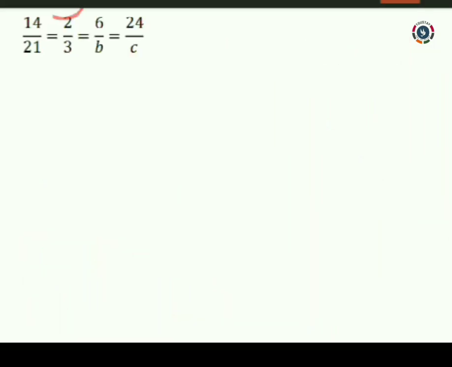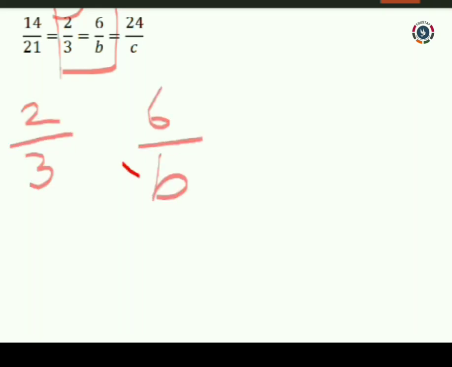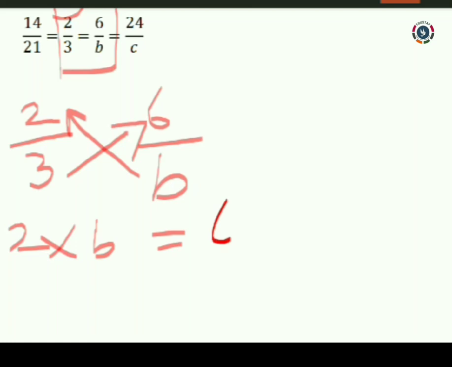Now you have to find the value of b. For finding the b value, you have to compare these two fractions. So 2 by 3 and 6 by b. Cross multiplication: 2 into b equals 6 into 3. 2 into b, you will get 2b.